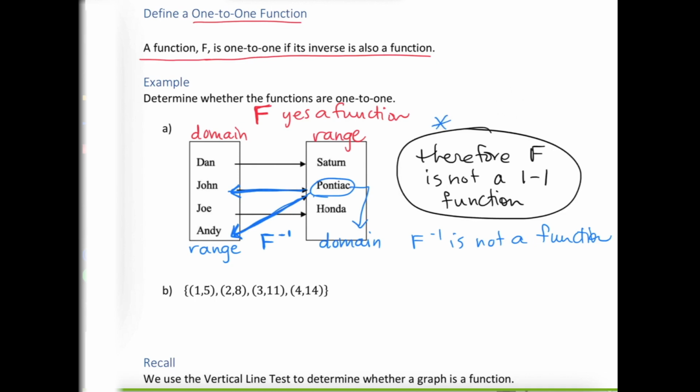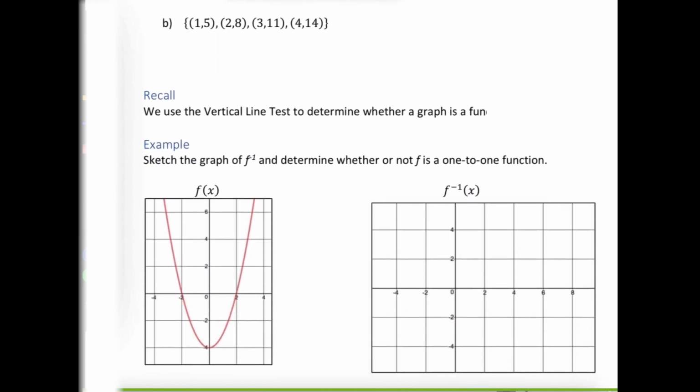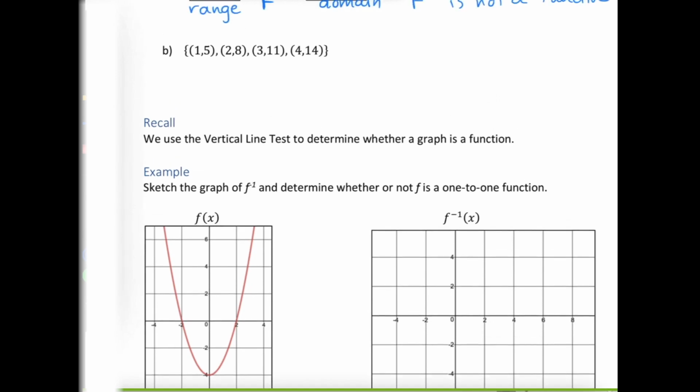Now let's look at the next example. So here we have another relation, and we are wanting to determine whether or not it's a function and whether it's one-to-one. So first of all, we'll let the original collection of ordered pairs be f, and we see that 1 only goes to 5, 2 only goes to 8, 3 only goes to 11, 4 only goes to 14.